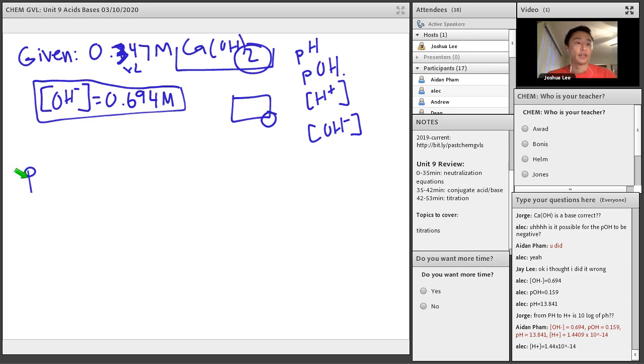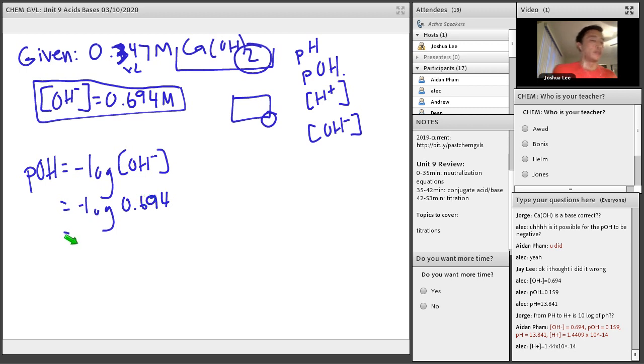To find pOH, it's the negative log of OH minus, which we just found, so negative log of 0.694, a terribly small pOH, 0.159. So that's our pOH.